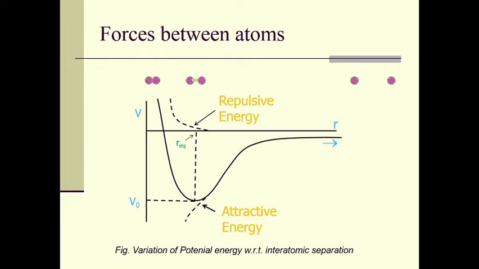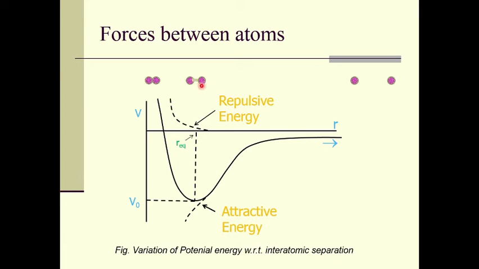So let us study the forces between the atoms, right. We can see here, when two atoms are very far away from each other, at infinity, there is no interaction between them. In that case, their potential energy is like this, right.